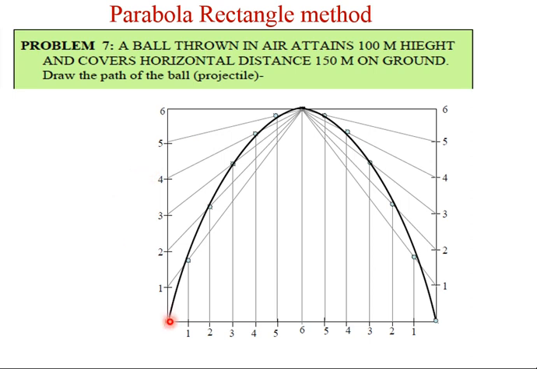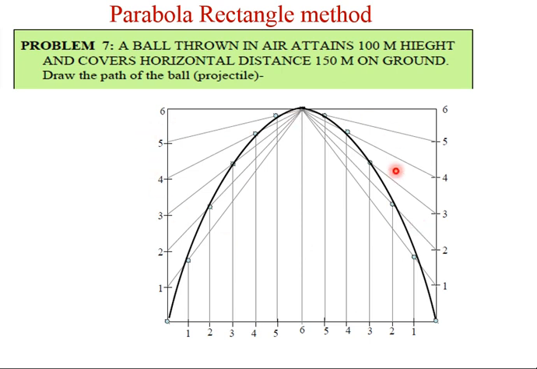If you are taking this as 150 millimeter, then 1 millimeter represents 1 meter. For this one you have to take 100 millimeter, so 1 millimeter will represent 1 meter. So the same scale is applicable for both dimensions.